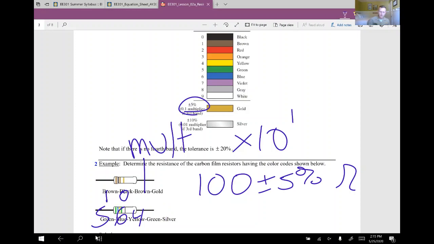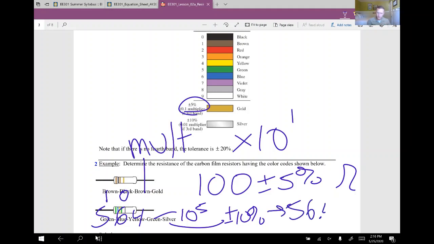So this is like saying 10 times 10 to the fifth, and then the silver is plus or minus 10%. So if I do 564 times 10 to the fifth, well, please don't write 564 times 10 to the fifth. Put it in engineering format, which would be 56.4 mega ohms plus or minus 10%.